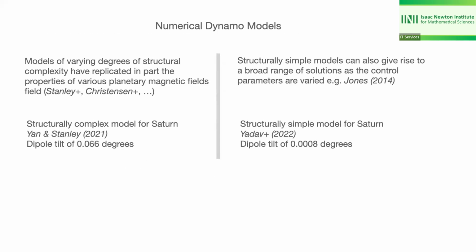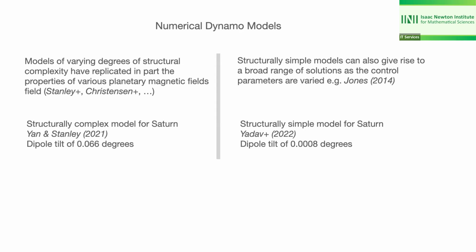In a recent paper, Yan and Stanley, using a structurally complex model with a stably stratified layer at the top with lateral heat flux variations above that layer, obtained dipole tilts as small as 0.06 degrees.